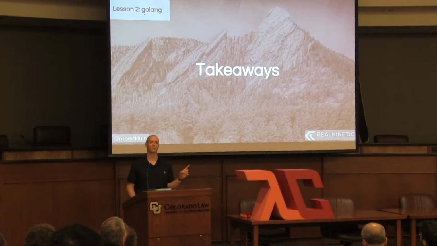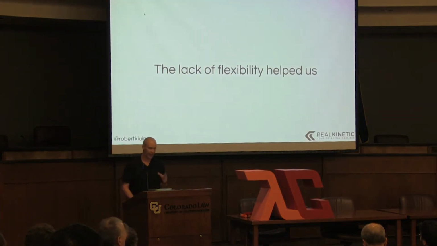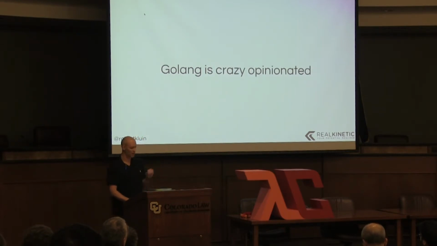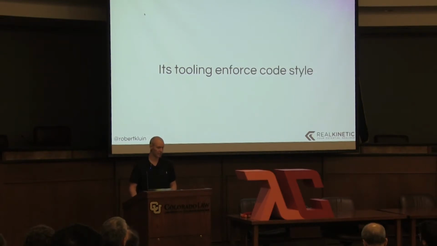So there's a couple takeaways I want to point out from our experience with Go. That lack of flexibility, we kind of learned, in our culture, really, really helps. We needed things to fit us that were very opinionated, that made it clear this is how you do it. And the other thing that we liked a lot is, in the case of Go, the tooling enforced the styling.